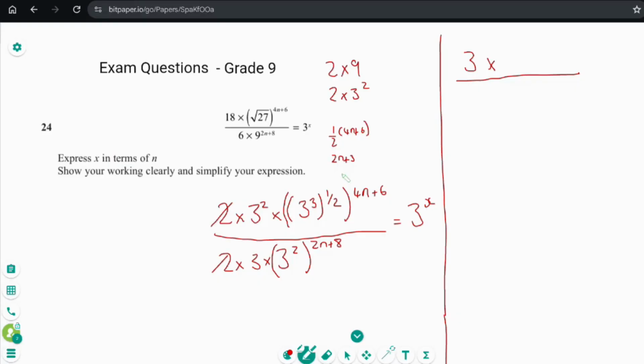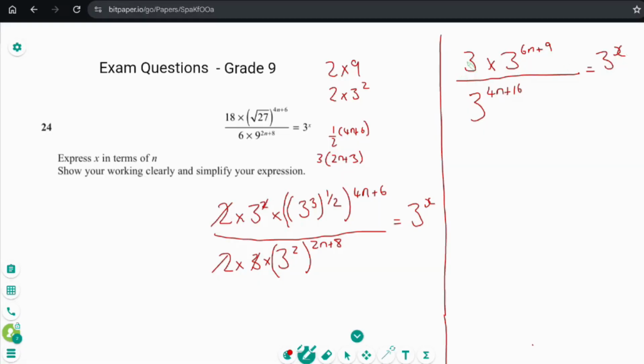And then we're multiplying the 2n plus 3 by 3, which would give us 3 to the power 6n plus 9, all over. So I've simplified that 3, I've cancelled that with one of those 3's, leave 3 at the top. So let's do a power to a power now. 2 times 2n plus 8 is 4n plus 16 is equal to 3 to the power x.